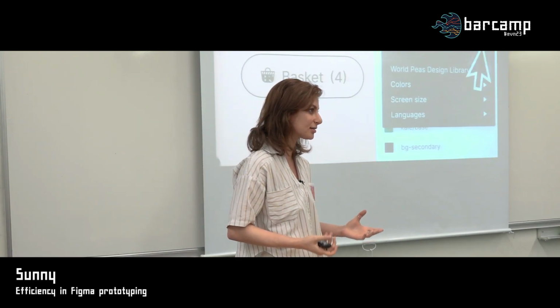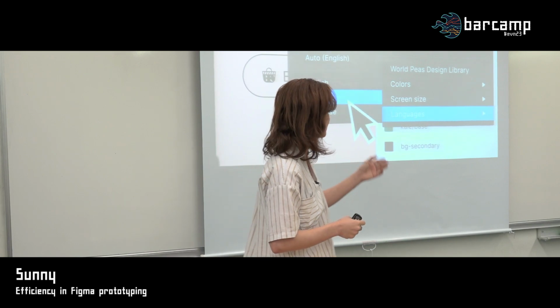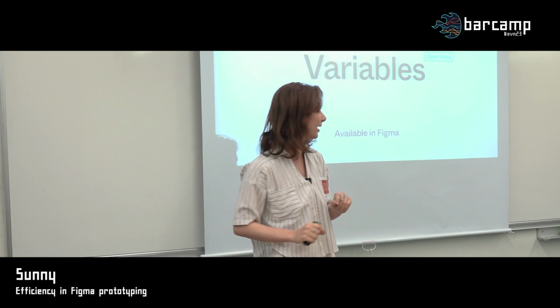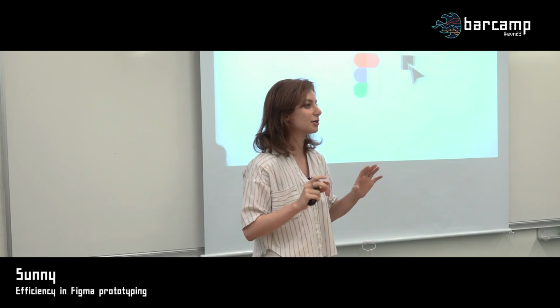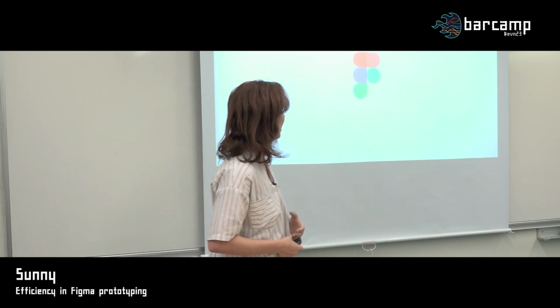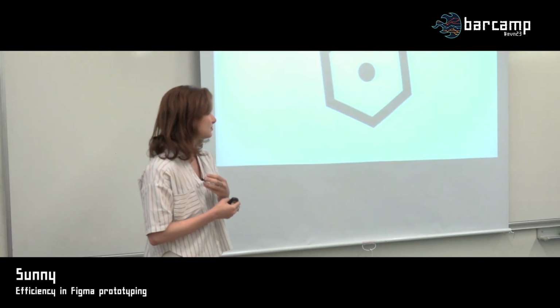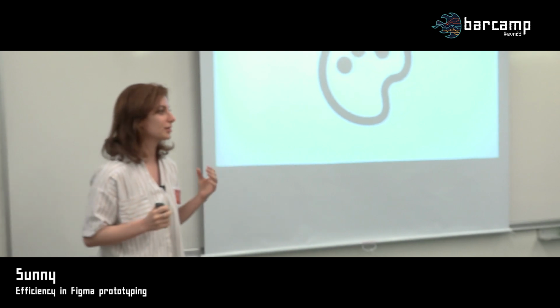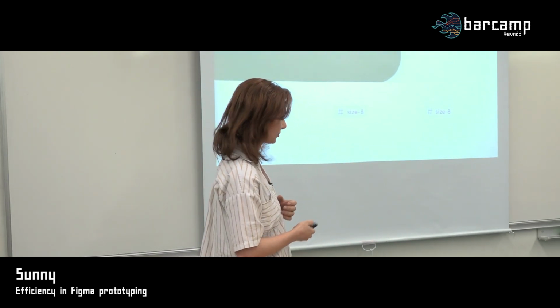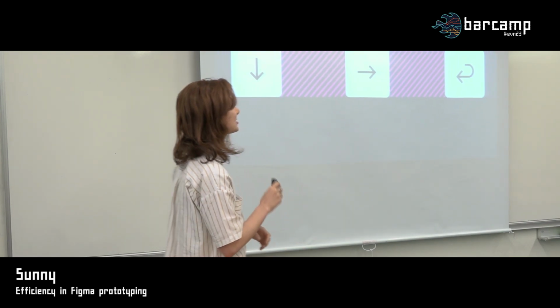But if it doesn't, you can just use the layer part on the right panel and click on it yourself. It's much more efficient, much faster, and it makes it far easier to create very consistent and very effective work.